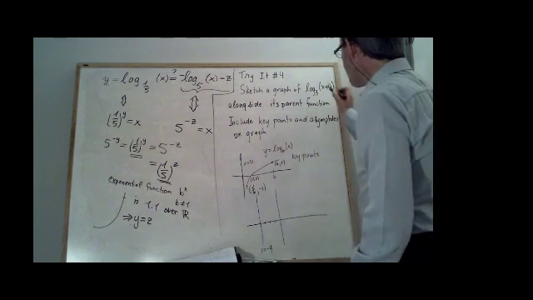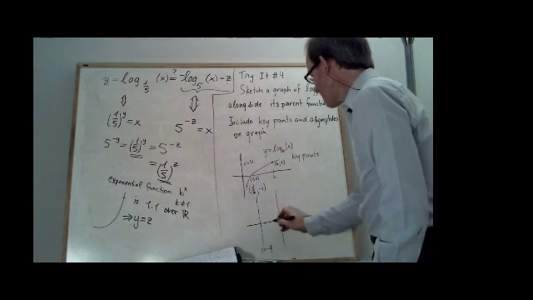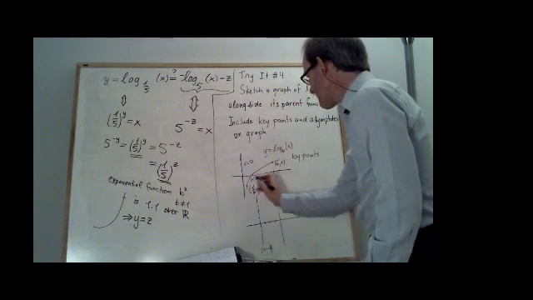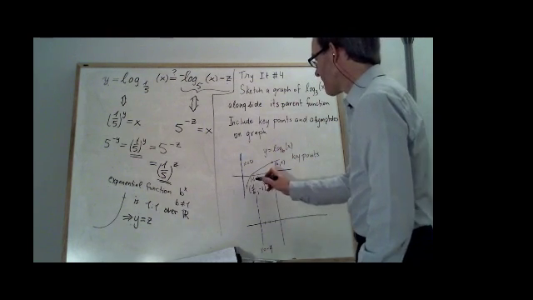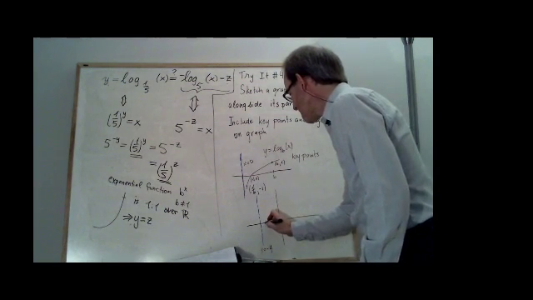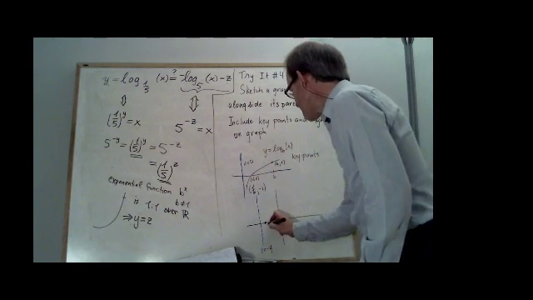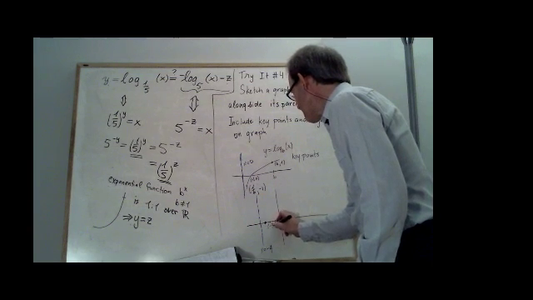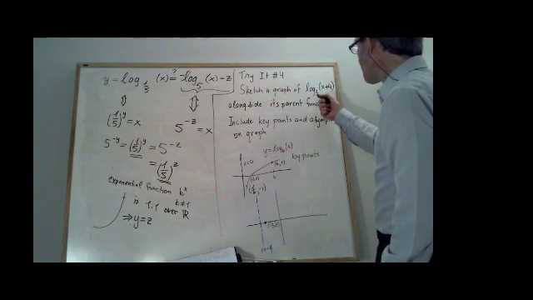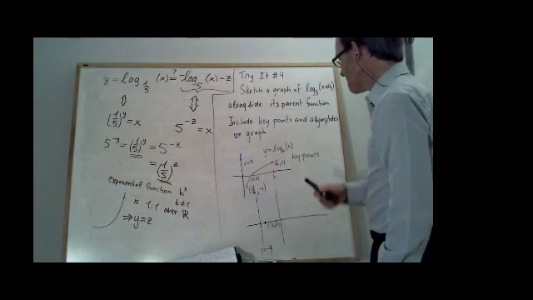The key points: one of the key points, in the original graph, will be 1, 0, and that will get shifted 4 over to the left. So I have to subtract 4 from 1, and that way I get -3. The y value stays the same, so it's still 0. So I get the key point -3, 0. Another key point will be 3, 1, since the base b equals 3.